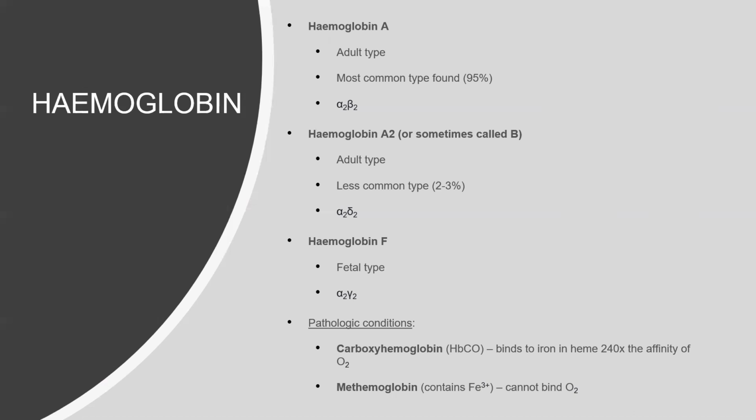When it does so, it forms a structure called carboxyhemoglobin. And because it binds so avidly to hemoglobin, it blocks binding sites for oxygen, and therefore less oxygen can be absorbed by hemoglobin. All right.